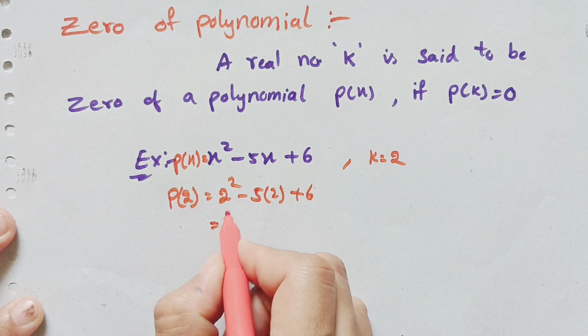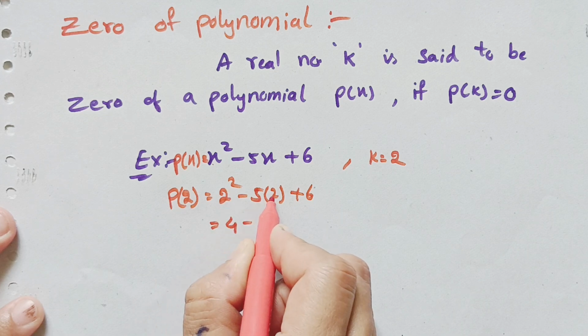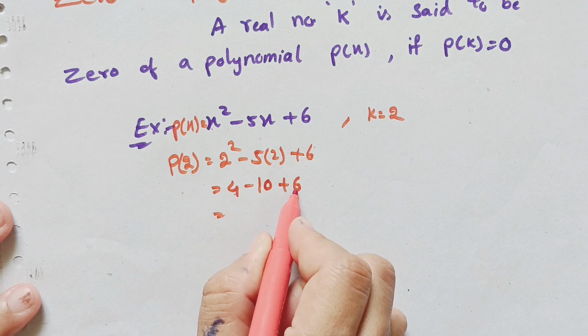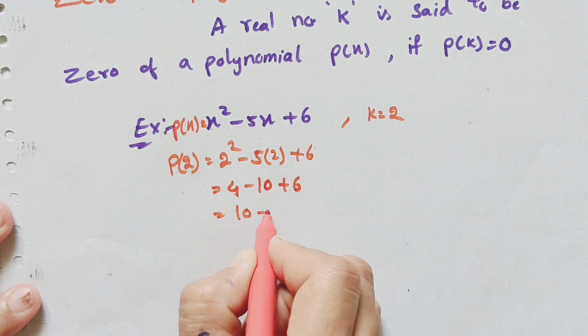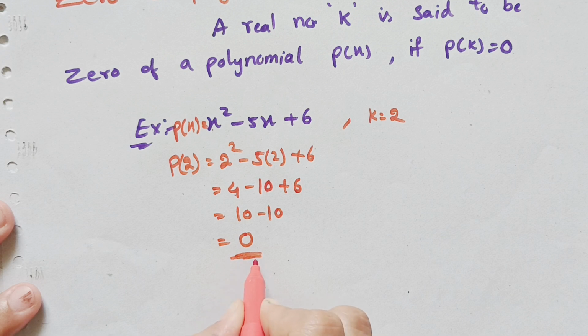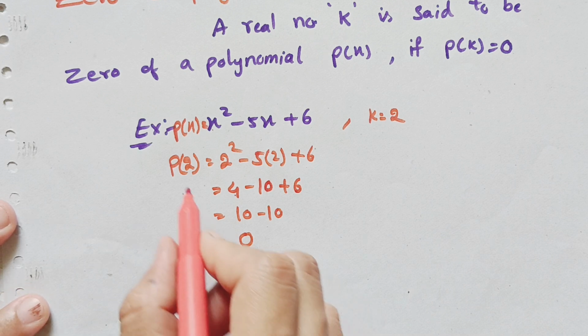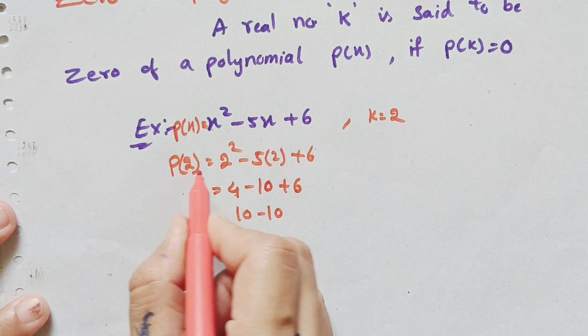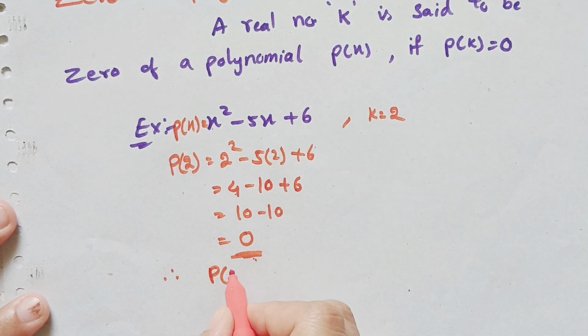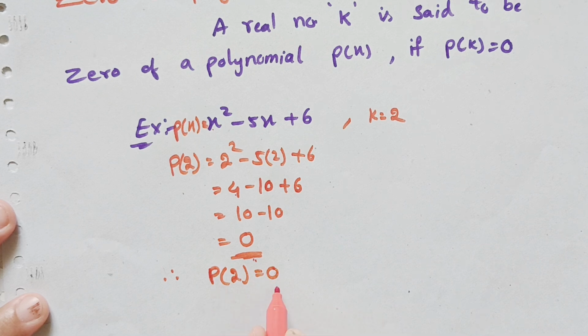Now 2 square means 4, minus 10, plus 6, equal to 4 plus 6 is 10. 10 minus 10 equal to 0. Now you got the answer as 0, which is the zero of polynomial. So that's why 2 is called the zero of polynomial p of x, x square minus 5x plus 6. Therefore, p of 2 equal to 0.